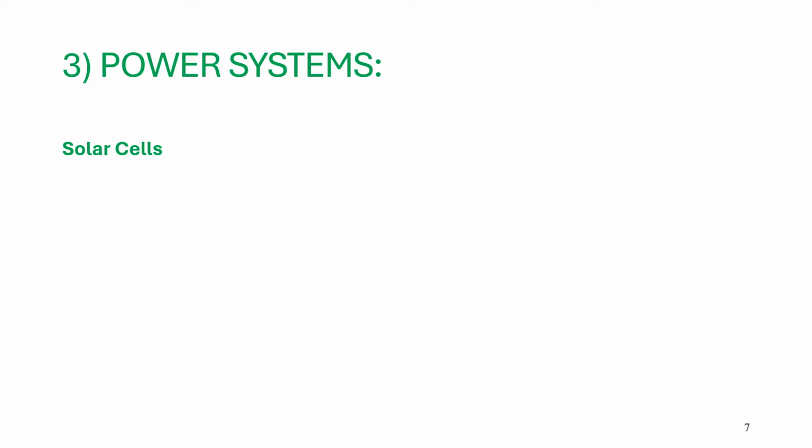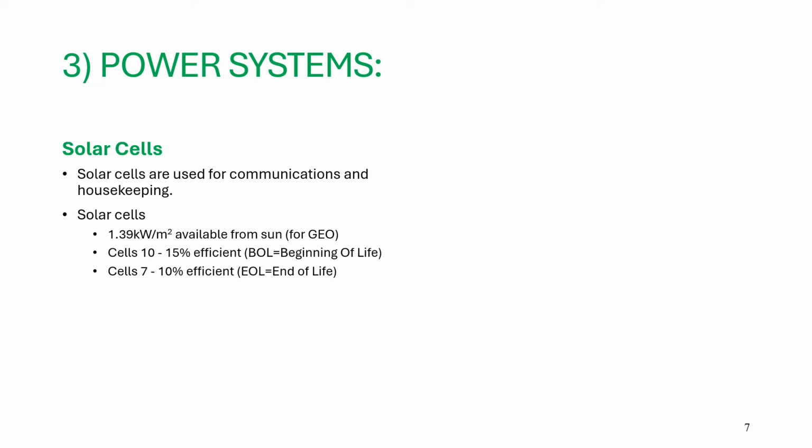So for the power subsystems, solar cells are used for the communication and housekeeping, and solar cells are rated so that we can measure how much power they produce per meter squared. So we have 1.39 kilowatt per meter square, and this is available from the sun.